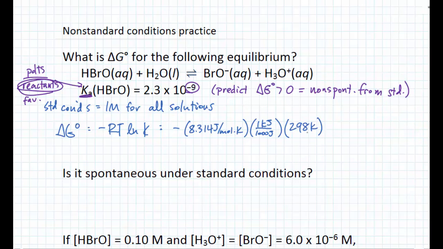Okay. And then ln Ka, which we were not given, 2.3 times 10 to the minus 9. So that's not any algebra, that's just typing. 8.314 divided by 1,000 times 298 times natural log 2.3 e minus 9.